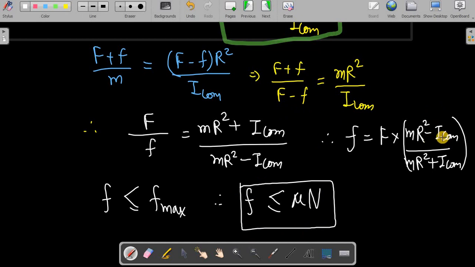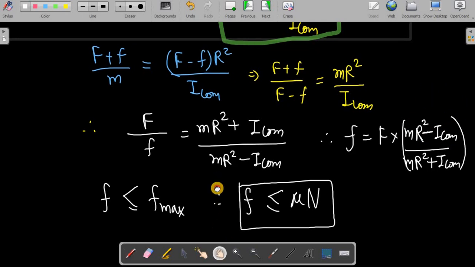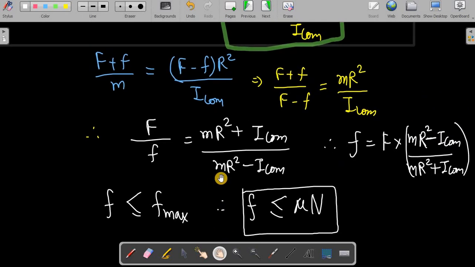Of course, I center of mass will depend on different objects, and you can consider the calculations for that. I hope you have understood this concept. So this is accelerated pure rolling. Another accelerated pure rolling is on an inclined plane, that we'll see afterwards. Okay, so thank you for your attention.